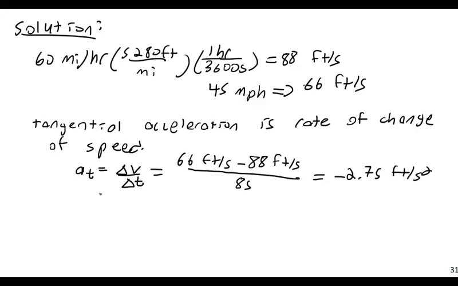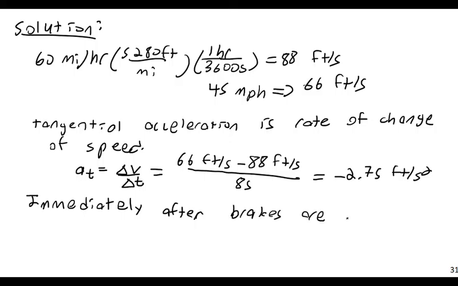And then immediately after brakes are applied, I can use the radius of curvature for the normal component. Again, this was asked immediately after brakes are applied. It would change if it was sometime after.